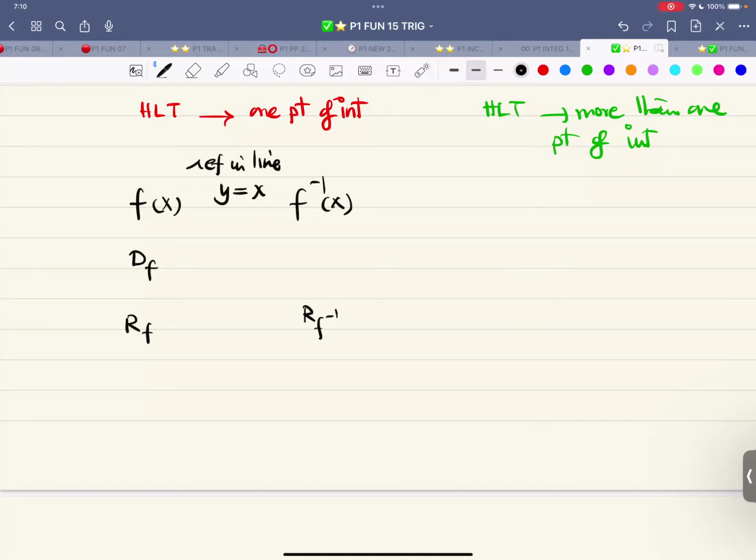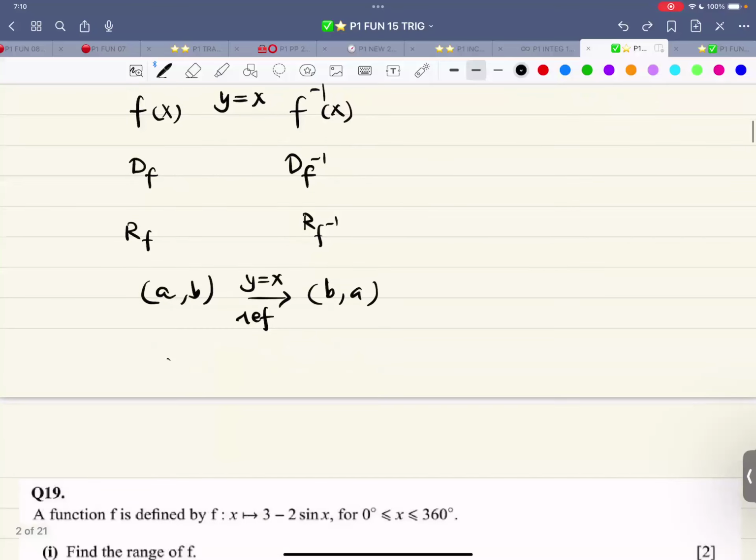The range of the original becomes the domain of the inverse. A point such as (a, b), because of reflection in the line y equals x, gets converted to (b, a). Remember by words, that is, coordinates flip. Coordinates flip.